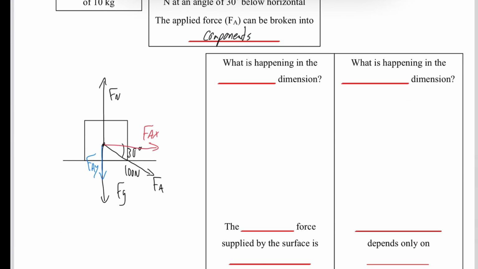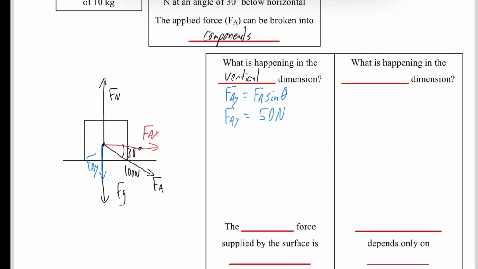We'll start with the vertical dimension. Just like before, we will find the Y component, which would be FAY equals FA sine theta. By plugging in our values, 100 newtons and 30 degrees, we'll find that FAY is going to be 50 newtons.